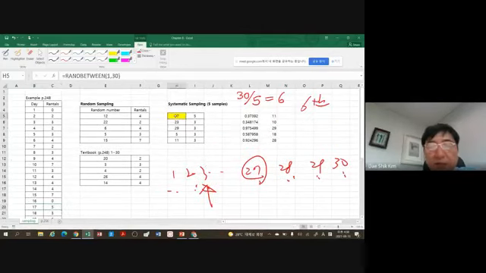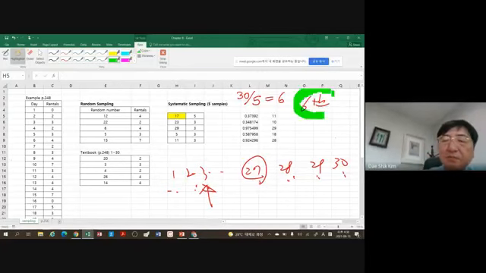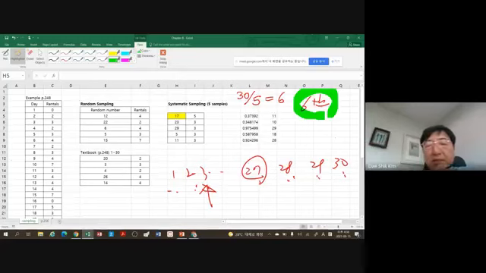And then every 6: 26, 23, plus 6 is 29, plus 6 is 35, minus 30 is 5. Add 6 again, like that. Randomly select the very first one, and then I add every 6 members. Every 6 members is systematic. Systematic sampling is used.